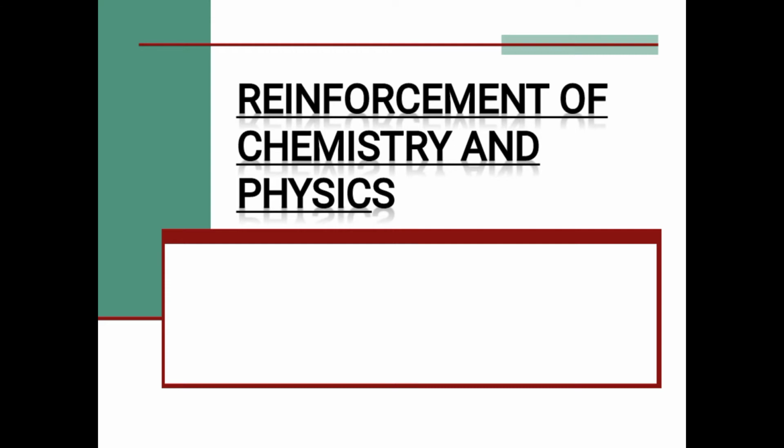That's why we are including some topics from chemistry and some topics from physics. So for the first monthly test of chemistry and physics, you have to prepare the chemistry and physics topics that are given in your syllabus. Okay, I hope it is clear to all of you.